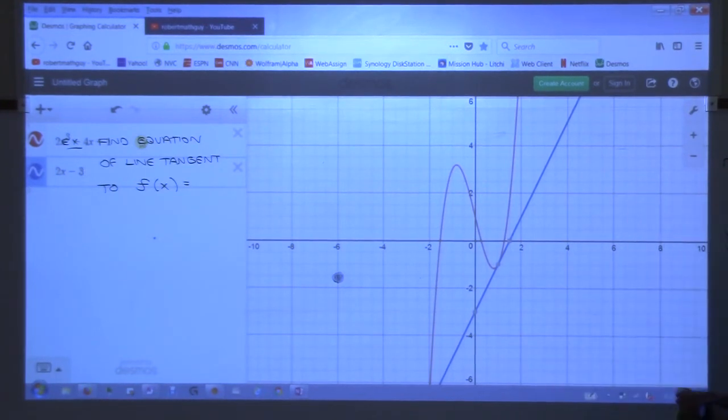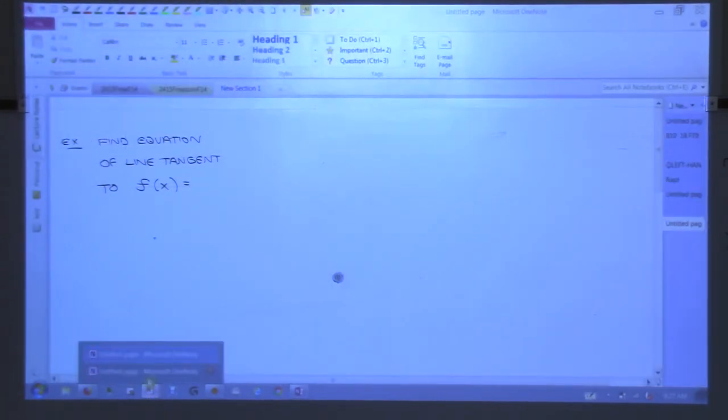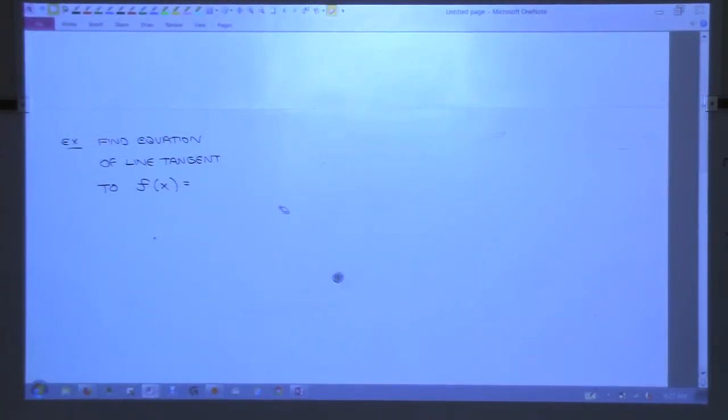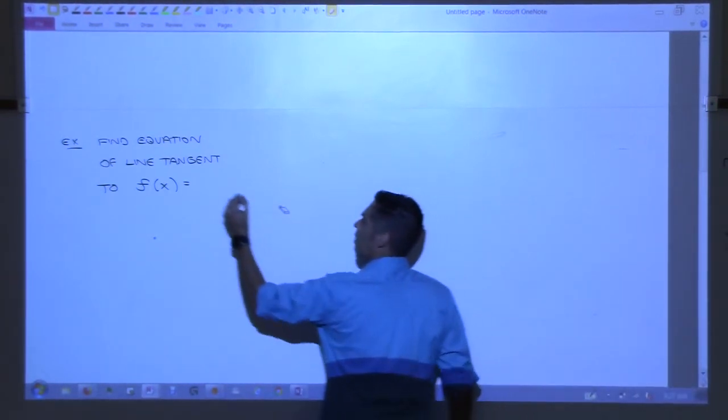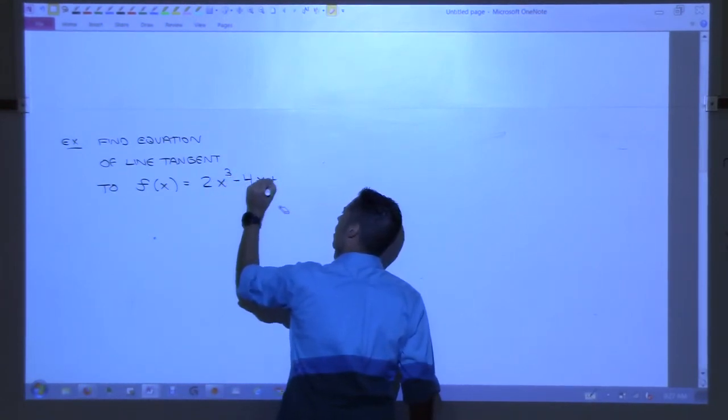Okay? All right, I actually want to do something a little bit different before I give you the next example. Let's go back to that same problem I just had. All right? 2x cubed minus 4x plus 1.